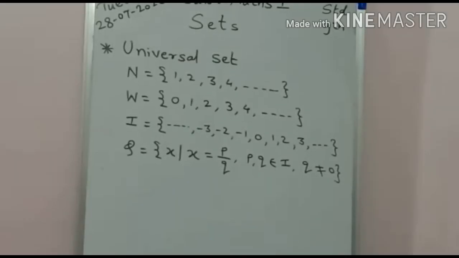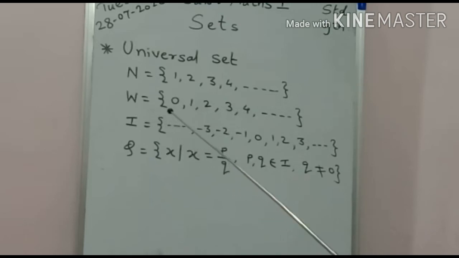Now the next topic is the universal set. So what is a universal set? Here we see it with an example. We are given 4 sets. N is the natural numbers, which, as we know very well, start from 1, 2, 3, 4, 5 and go on infinitely.